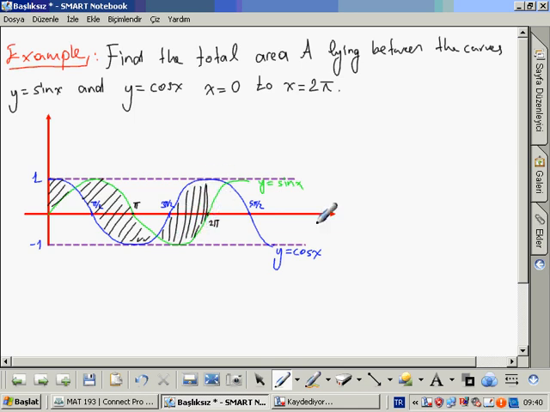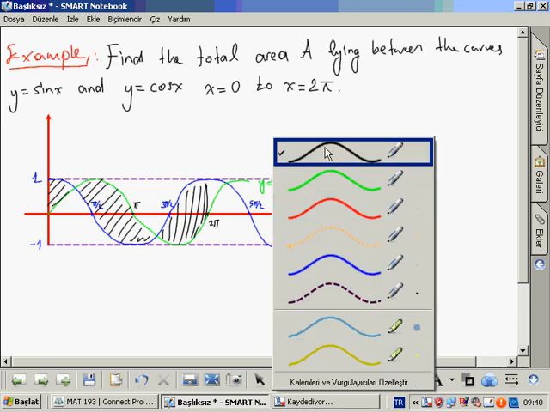Now we are trying to find this total region's area.